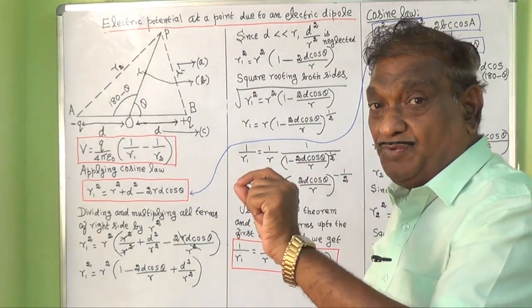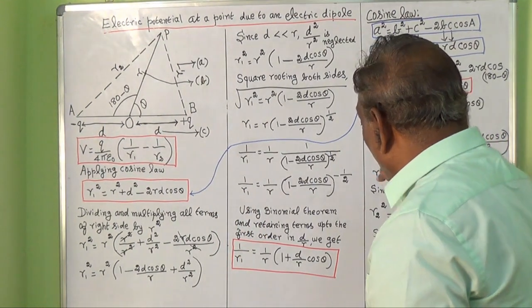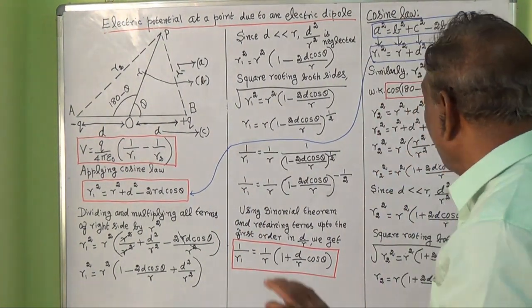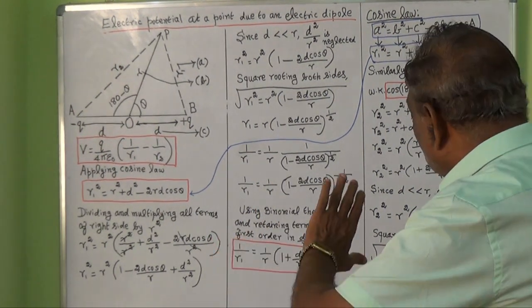So from the equation of R2 square, we are going to find R2 by square rooting both sides.